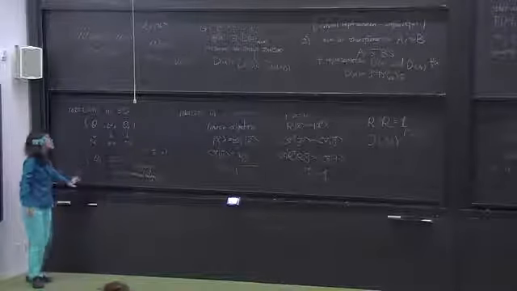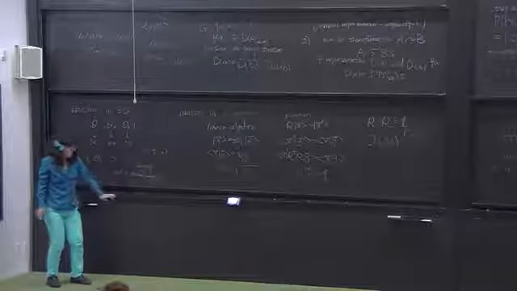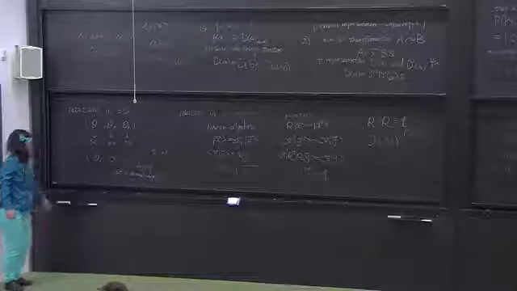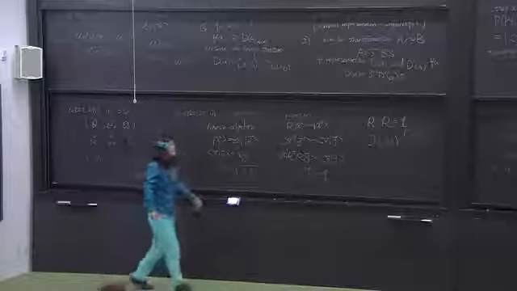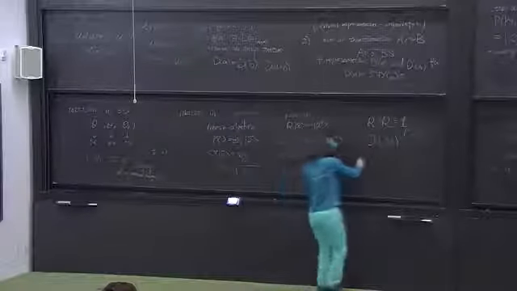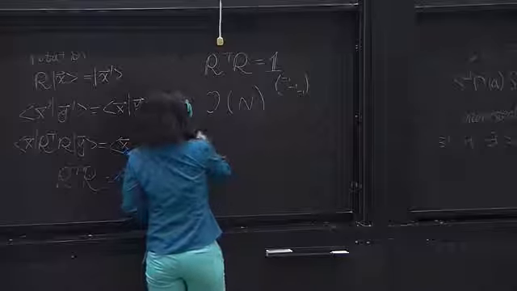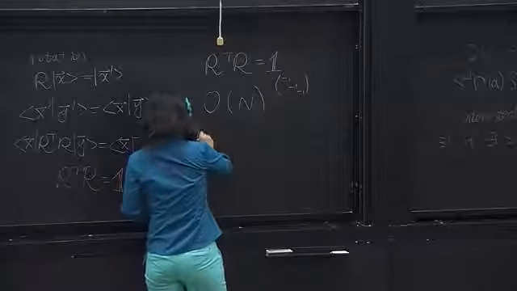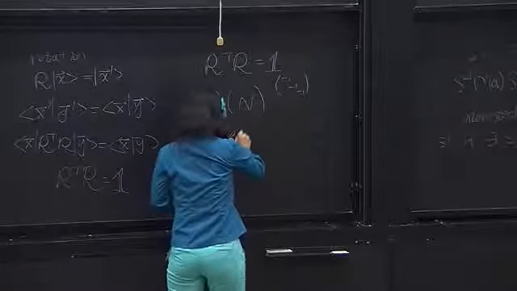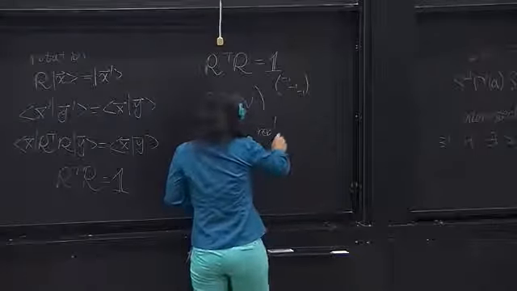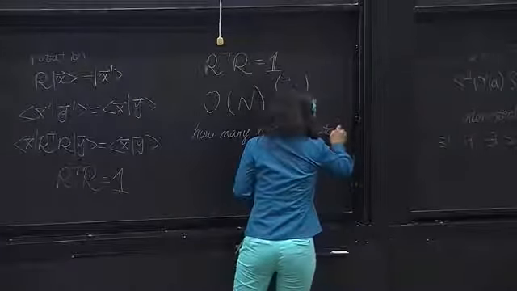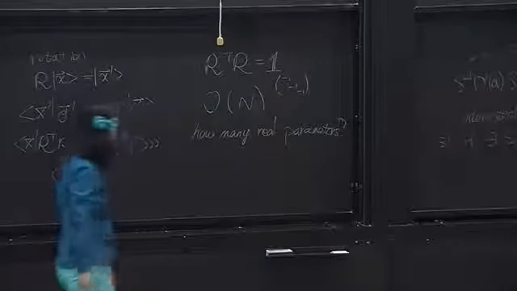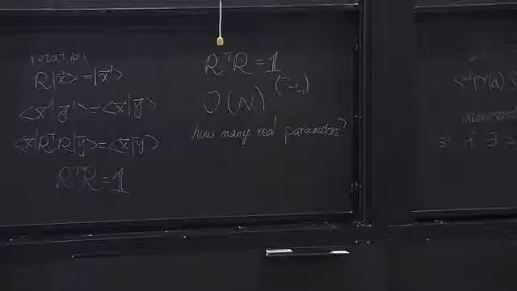What I said is whenever we're given a Lie group, a first interesting question is how many real parameters are there to describe this Lie group. Well, we know that for 2 we have 1, for 3 we have 3.